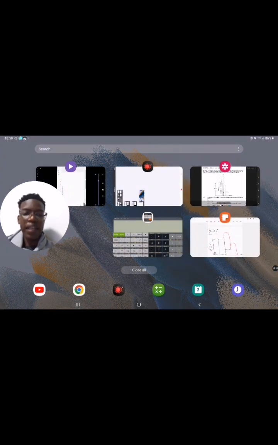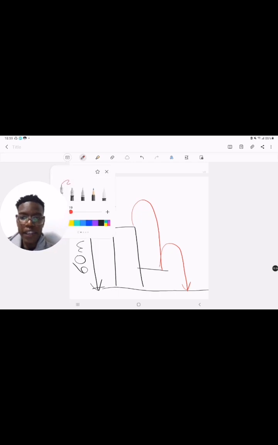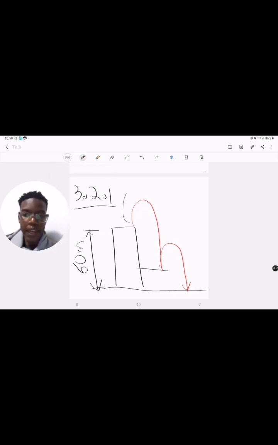Let me just mark things out as I talk. What is meters per second? Meters per second is a velocity. So right there at the very beginning, the object is thrown up at a velocity of 8 meters per second. That's the velocity at which the object has been thrown up.